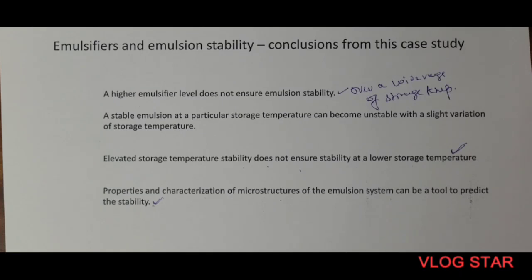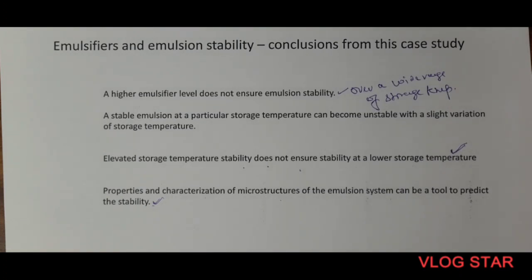I thought this would be useful to you because you can't assume things. For a particular emulsion, you have to go into depth, study and characterize it, because there can be a surprise.